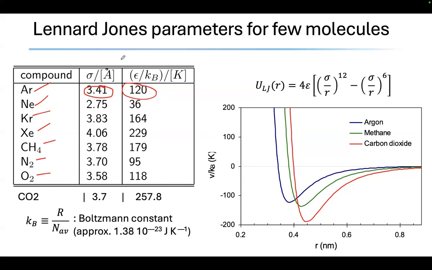If you know the sigma and the epsilon, you know the Lennard-Jones potential and how the molecules interact with each other. These values have been tabulated for many different molecules and materials, and I will go through this in one of our upcoming examples.